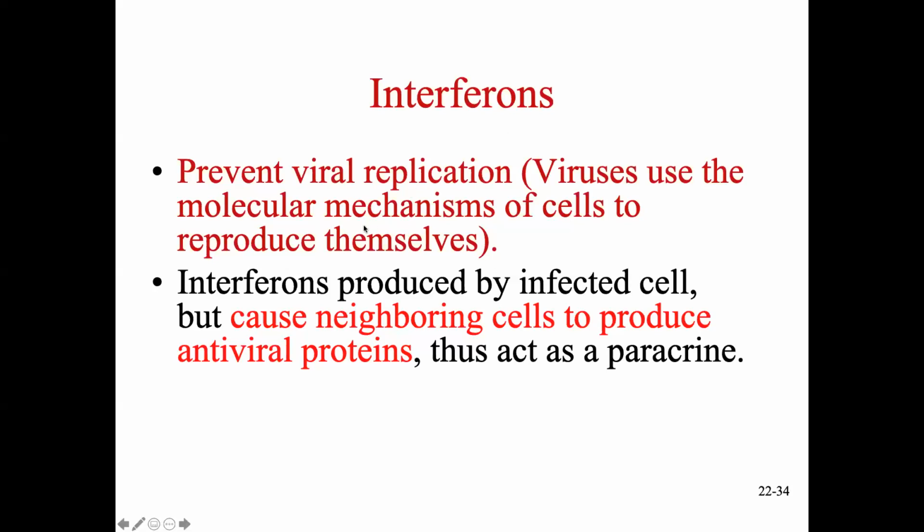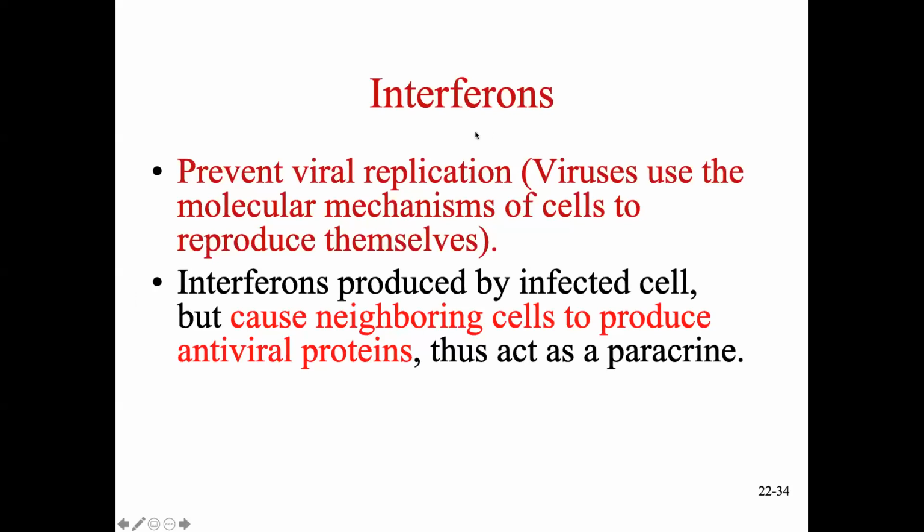It prevents viral replication. Viruses need to be inside of our cell and take over our molecular mechanisms to reproduce itself. So if it's outside of our cell, it really doesn't do any harm. It's when it's in our cell. Now, the harm it does when it's outside our cell is that it can infect other cells. When it's outside, not too bad, as long as we can make sure that it doesn't get in.